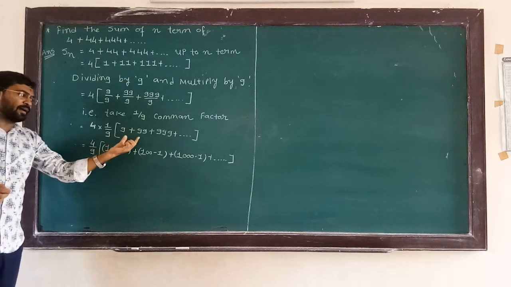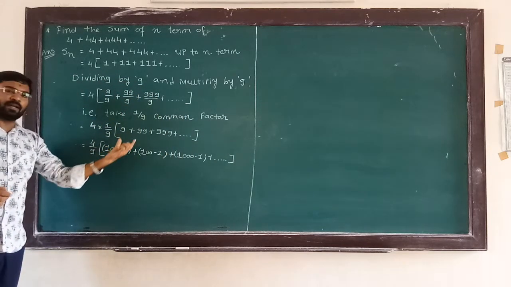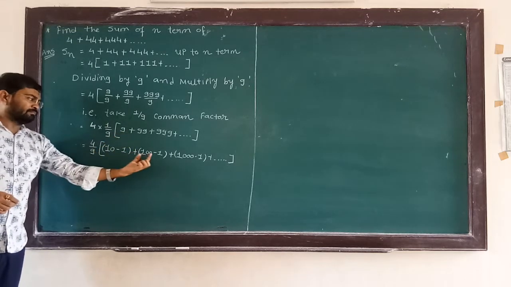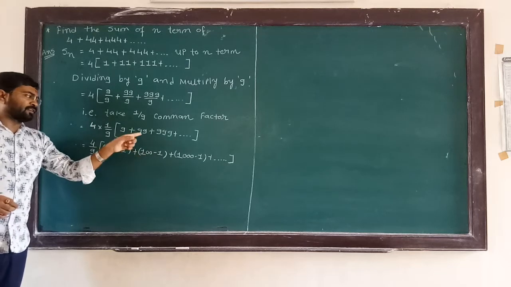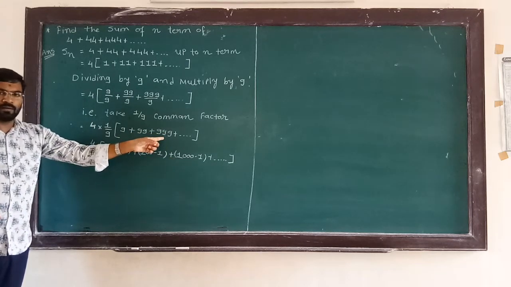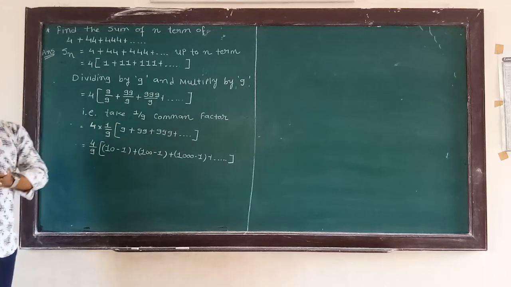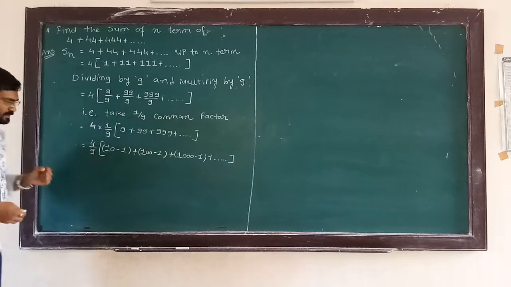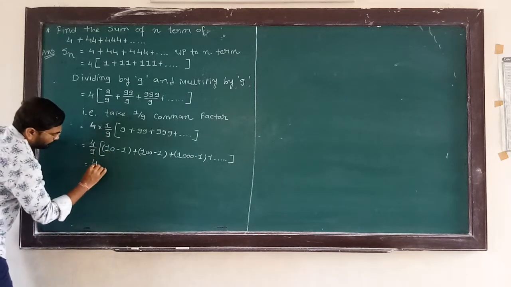See, students, there is no difference here. 10 minus 1 is equal to 9, 100 minus 1 is equal to 99, and 1000 minus 1 is equal to 999. Now we are separating both two parts, with 4 by 9.